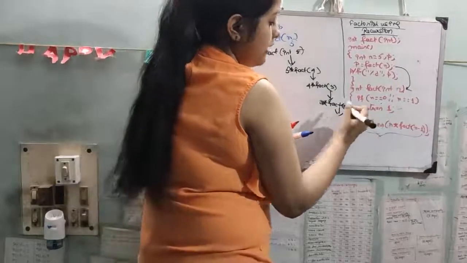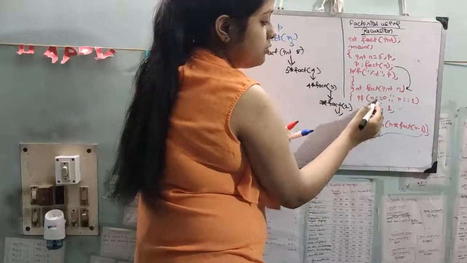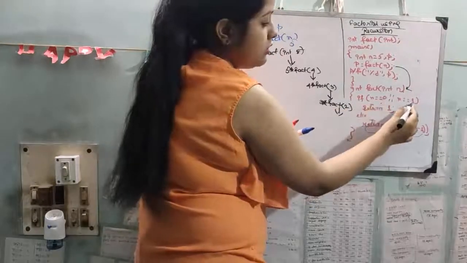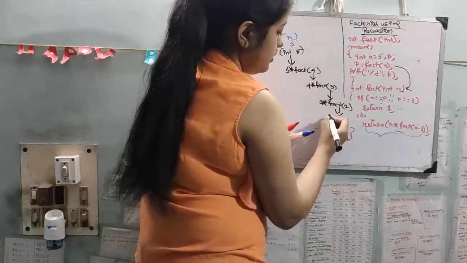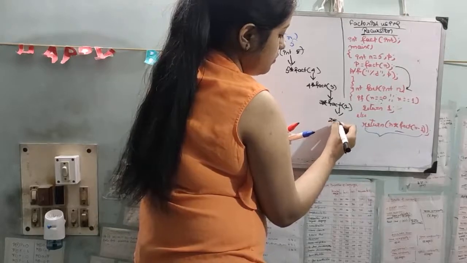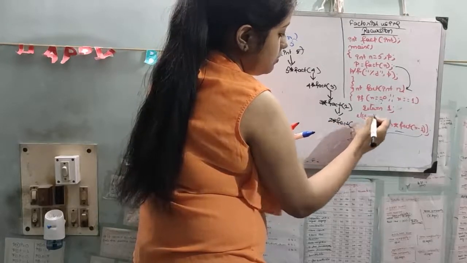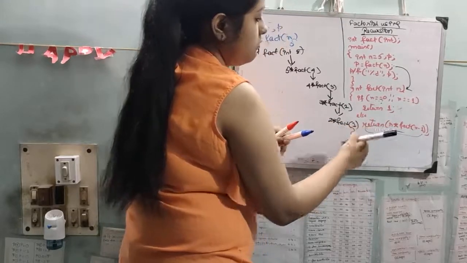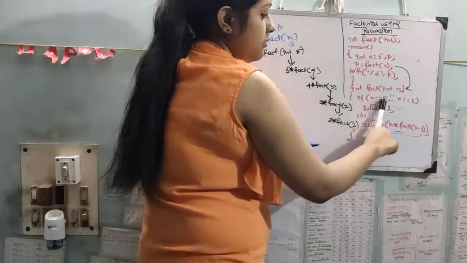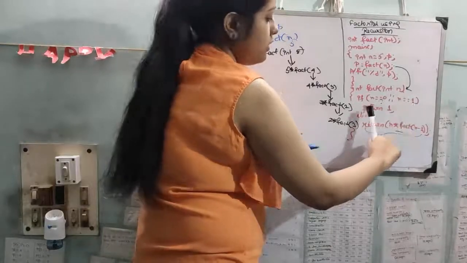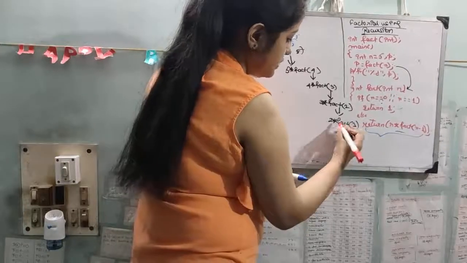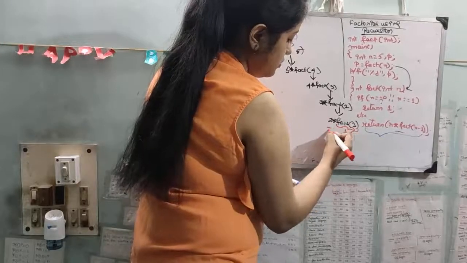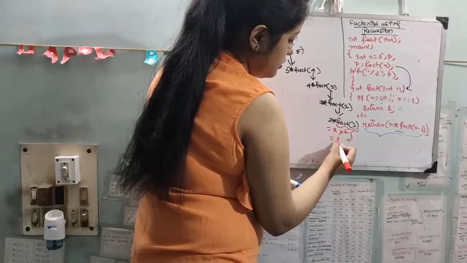Now again factorial of 2 is called, so 2 is not equal to 0 nor is it equal to 1, so again factorial of 2 will be called here. 2 into fact of 2 minus 1 is 1. Now see here, if n equals 0 or n equals 1, we will return 1. So this part is returning 1. So 2 into 1 is equal to 2.